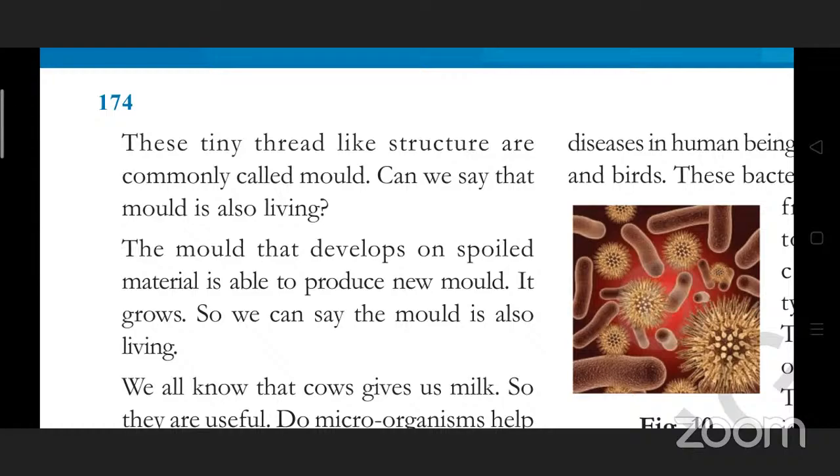It grows, so we can say mold is also a living thing. Why is mold a living thing? Because it can develop on spoiled material and produce new mold.